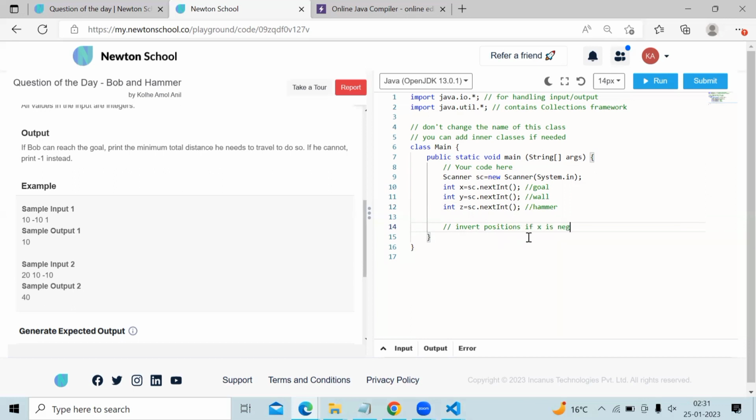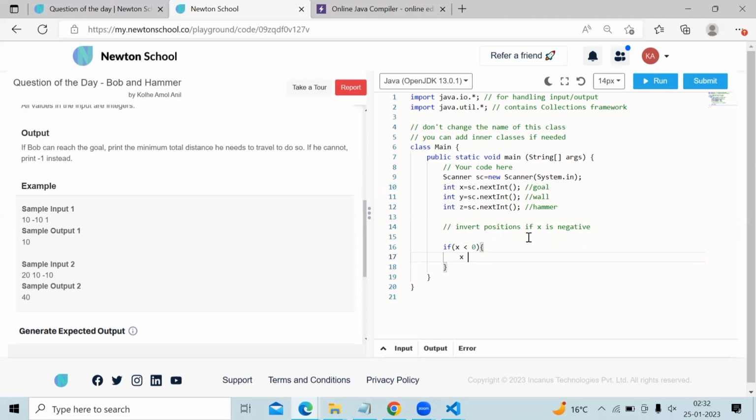Okay, so for that, I will write if x is less than 0, then we have to invert the position, like x into equals to -1, or simply we can write x equals to -x.